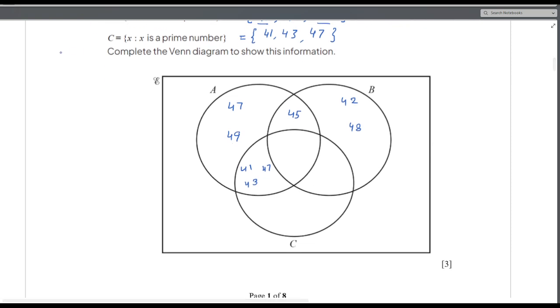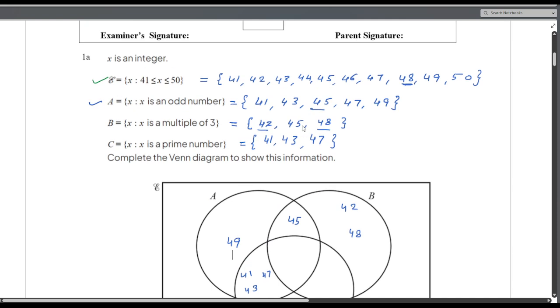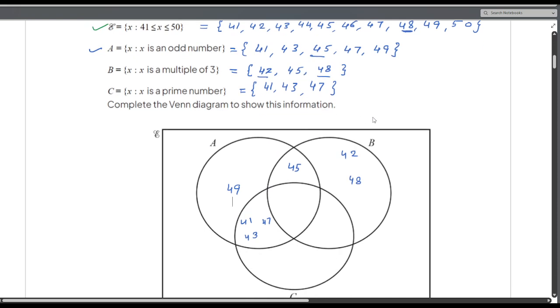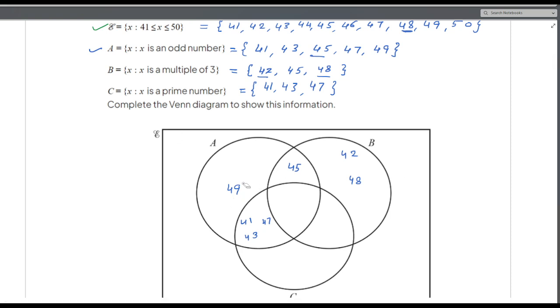Let us see if anything is repeating. Yes, this 47 is repeating. 47 is already here. So set A is odd numbers: 41, 43, 45, 47, they are all covered. So only 49 is remaining. So 49 is here. 7 numbers are covered. 3 numbers are left.